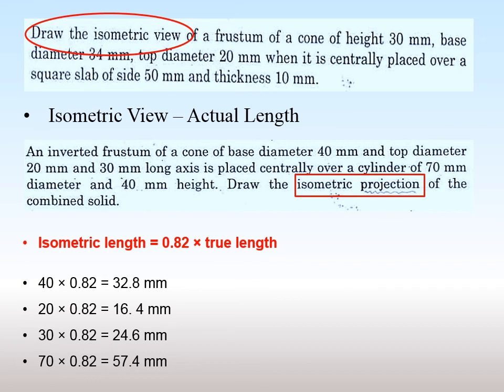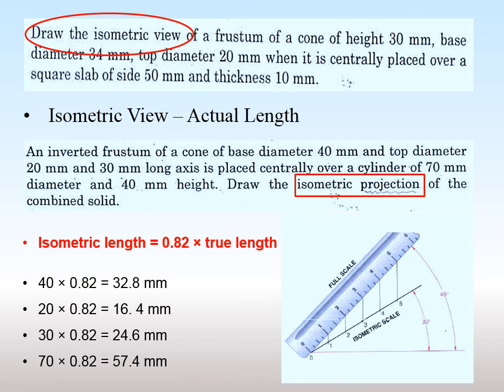There is another method which is called the pictorial method. If I want to convert the full length of 40 mm into isometric length, what I can do is draw a horizontal line here. Wait, I will take the pointer. Yes, draw a horizontal line like this. Choose any point as origin. From this origin, draw an inclined line of 30 degrees. From the same origin, draw an inclined line of 45 degrees.